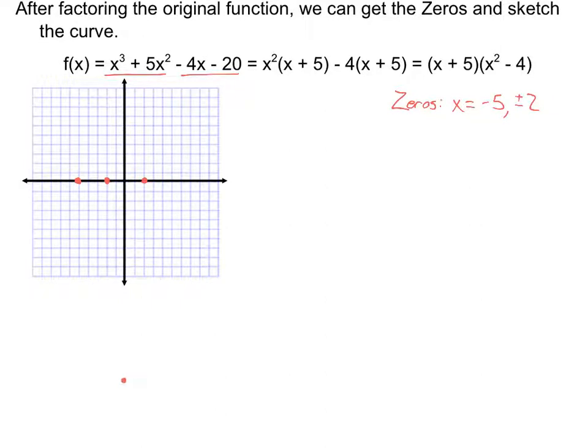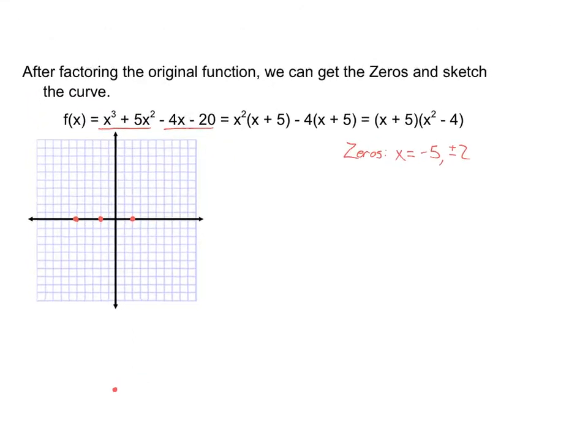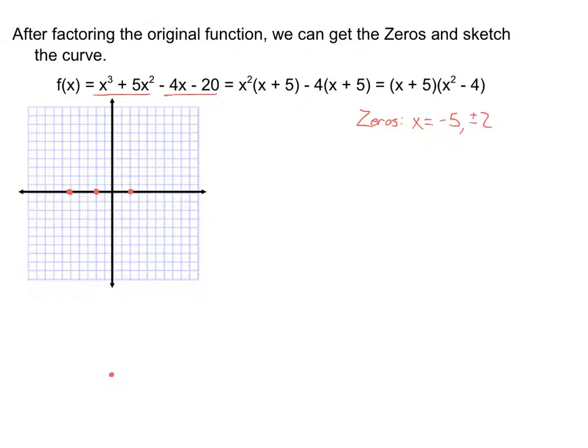Now, is that a min? I don't know. But I also can tell, because my leading coefficient is positive, I know that the function is going to go up as we go to the right. And because the highest degree is odd, I know the left side is going to do the opposite.